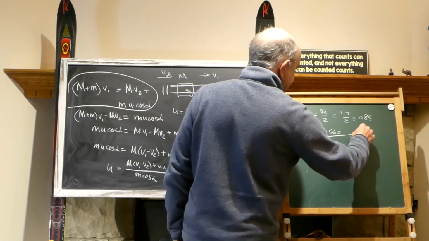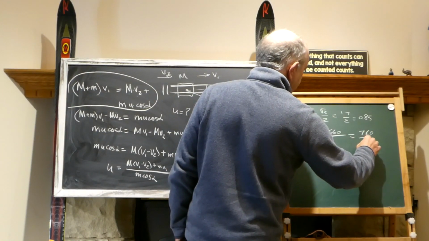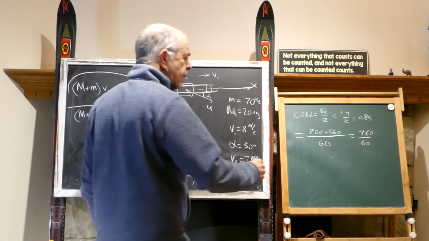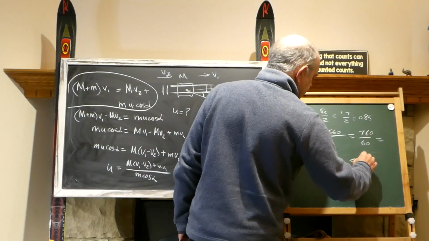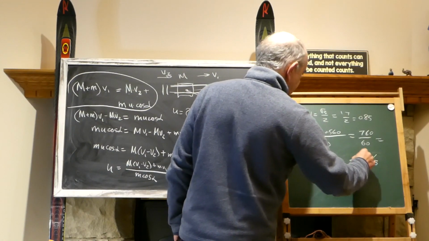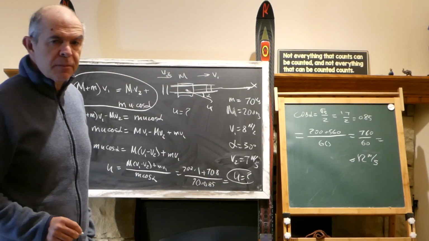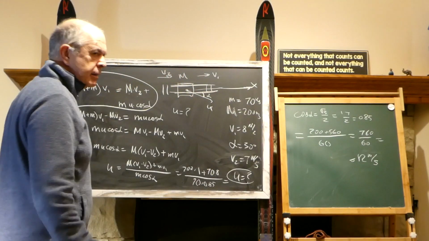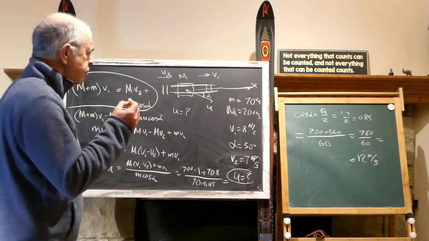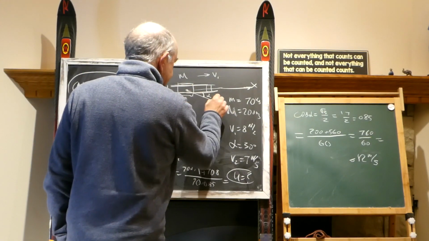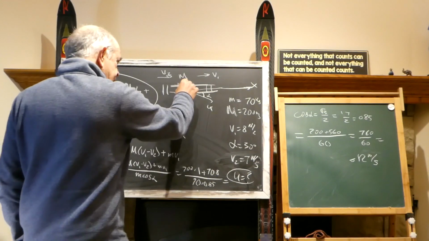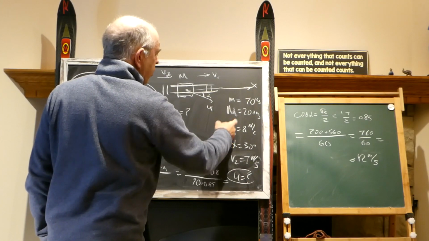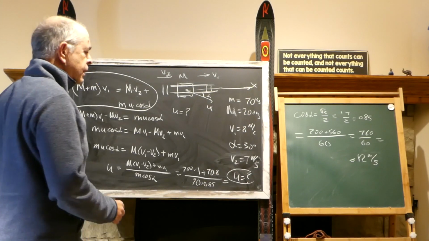So it would be 760 divided by 60. 760 divided by 60 would be roughly 12 meters per second. 12 meters per second is quite a speed. So the man jumps with 12 meters per second, which is about 40 kilometers an hour roughly, or maybe even a little more. In this direction it's a lot of speed, and this causes this massive cart to slow down from 8 to 1 meter per second.